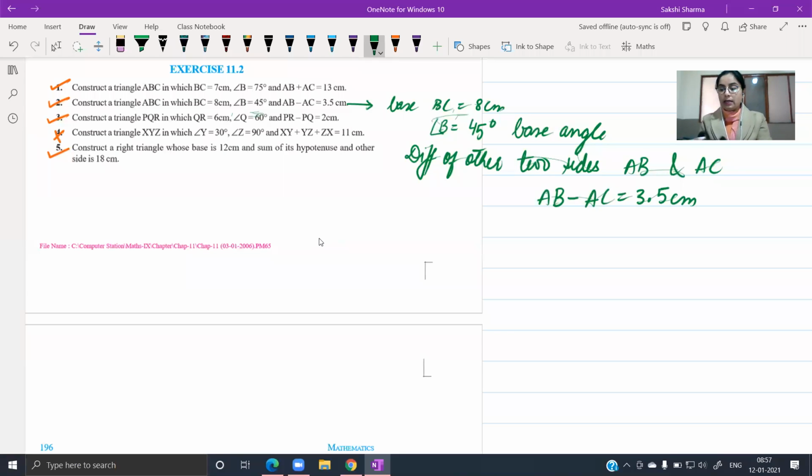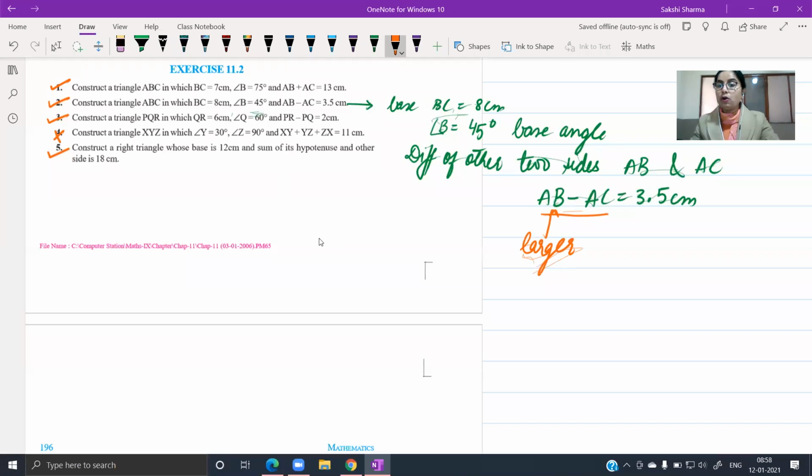From here, you can identify which of the two will be the larger side. When you write down the difference, you can identify which of the two sides is larger. In a sum, it makes no difference in which order it is written. The sum can be written in any order, whereas when you're writing down the difference, you always write down the larger value first.